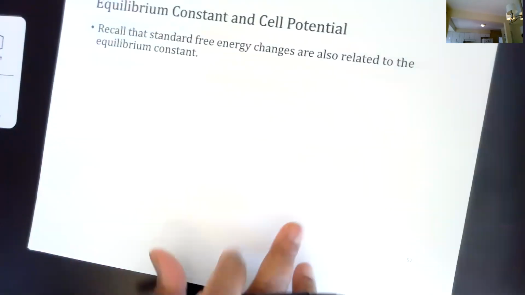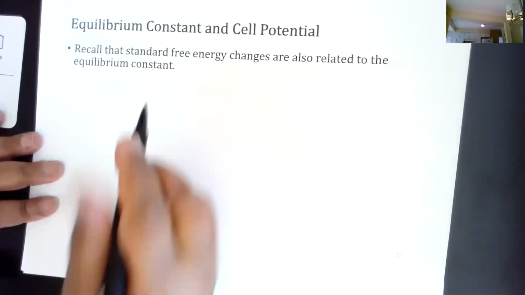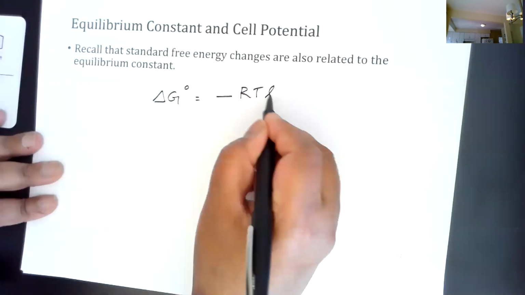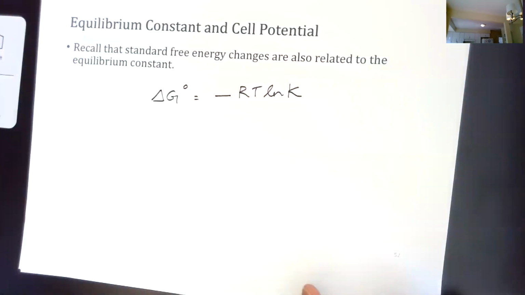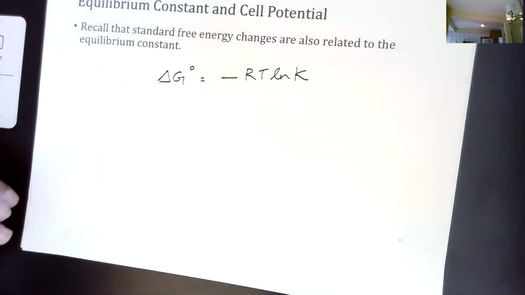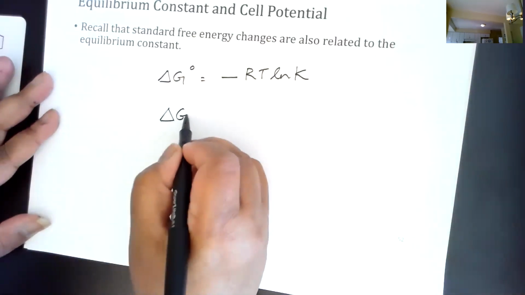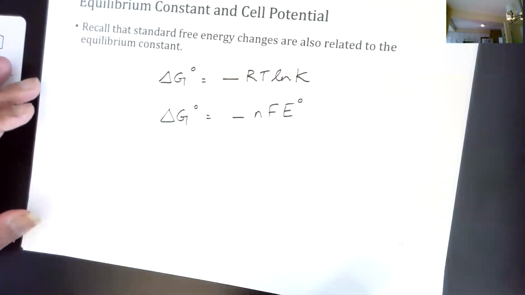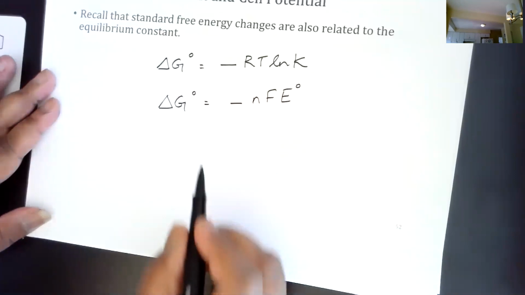Okay. Next, we are going to see the relationship between cell potential and the equilibrium constant, and of course, that will be through delta G. Okay. So delta G0, remember, is minus RT ln K, and I'll also supply the equations that you will be given. And delta G0 is also negative nFE0, right? So what can we do? We can equate those two.